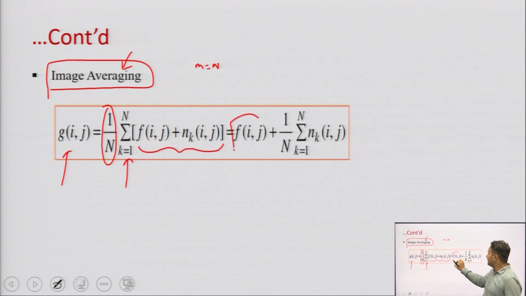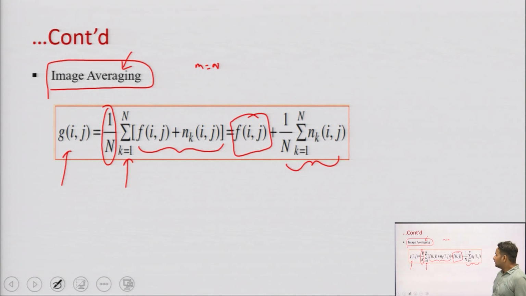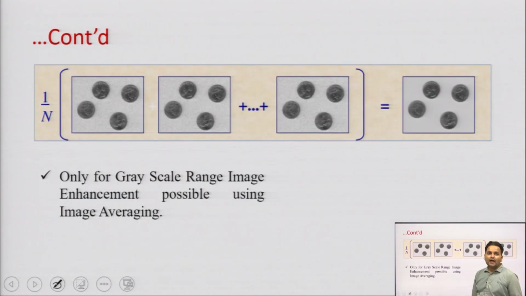So that is the complete original image, and the noise value you may add through this. Your image is being averaged, and the averaging looks like this particular image. In this example, you may understand what is happening inside the averaging of one particular image.